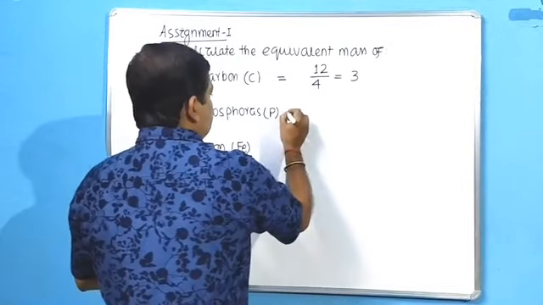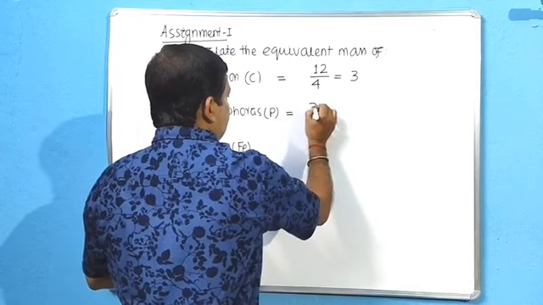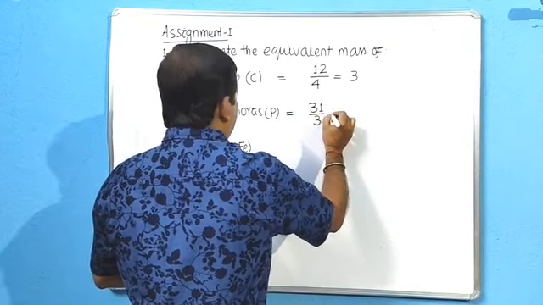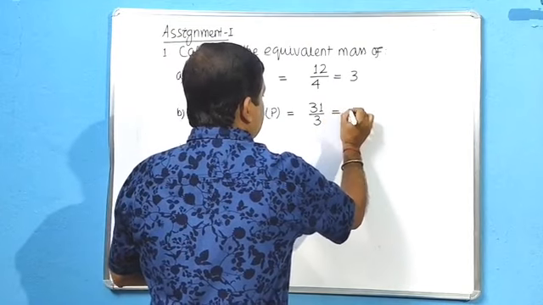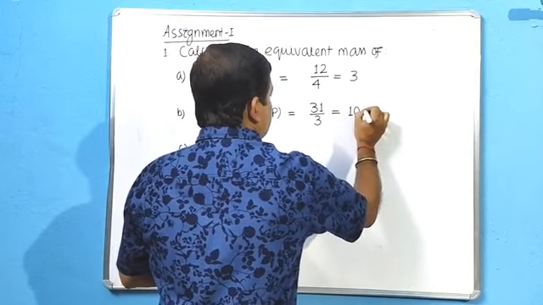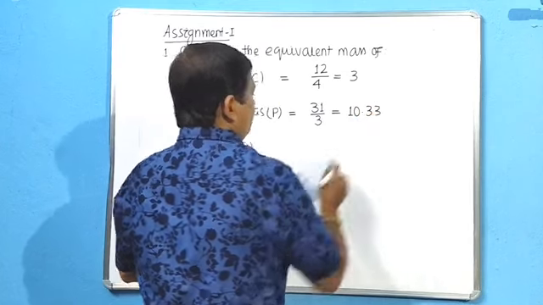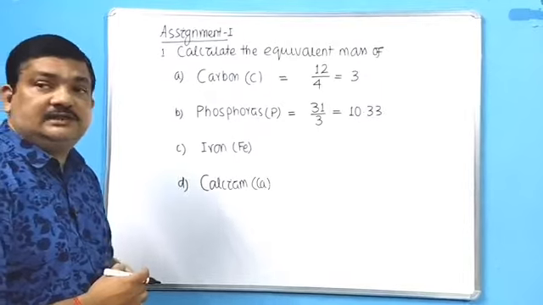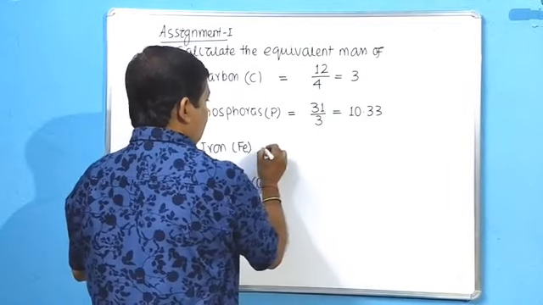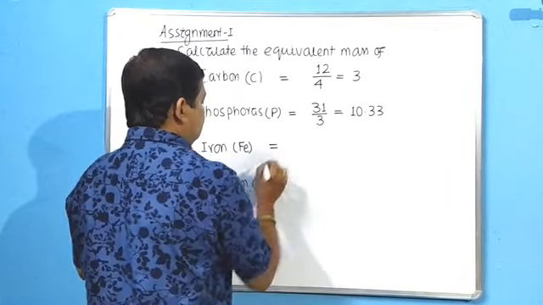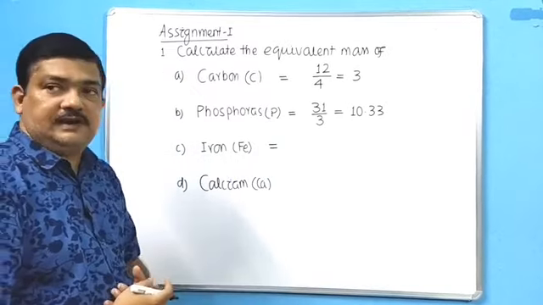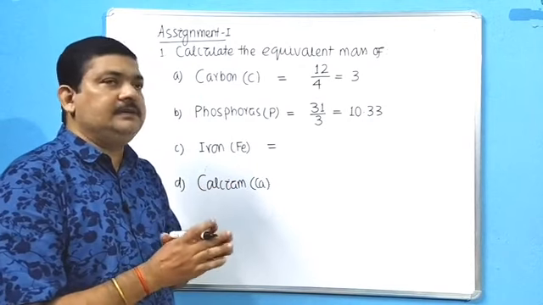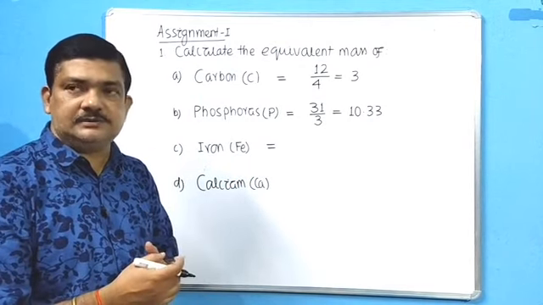Then phosphorus: the atomic mass is 31 and the dominant valency of phosphorus is 3. So the equivalent mass of phosphorus will be 10.33. Then iron. Iron has two valencies, so it will give two different equivalent masses. Most of the students have written the valency of iron as 0. How is that possible?